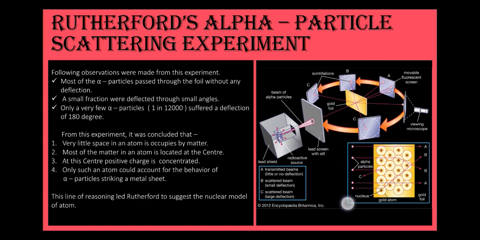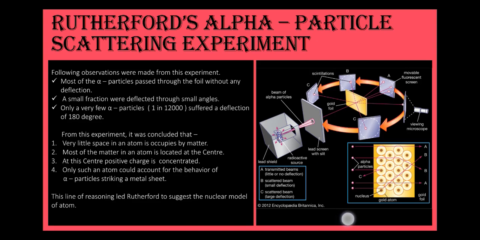What he observed in his experiment is that most of the alpha particles pass through the foil without any deflection. Here you can see the rays named A are the transmitted beam which is not deflected at all; they pass straight through the foil.